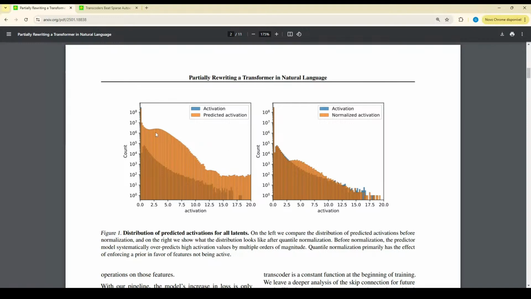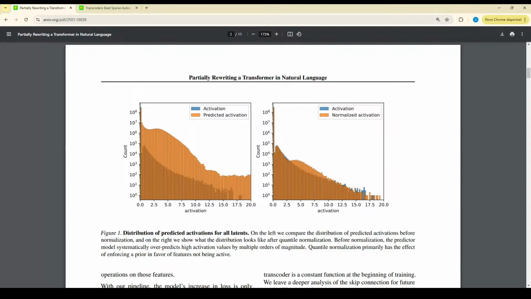So you see that before there were several orders of magnitude more predictions of activations of, let's say, value 5. You see 10 to the 6, and the correct number is closer to 10 to the 2, so 4 orders of magnitude higher. And then we go back to, it's still 1 order of magnitude higher, but for most of the distribution, we get, let's say, calibrated prediction.